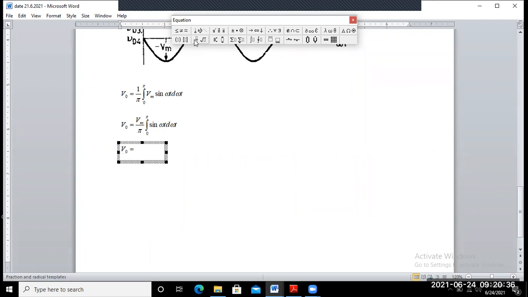Vm by pi, and the integration of sin omega t is minus cos omega t, with lower limit 0 and upper limit pi.